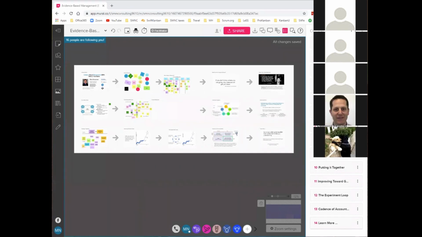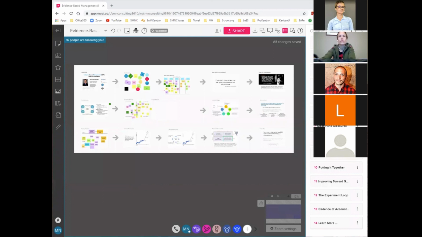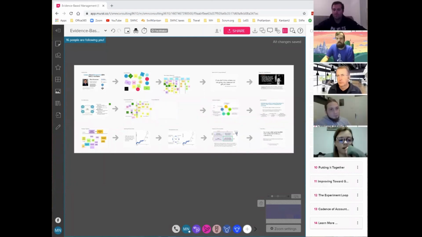Personally, I do practice Kanban within my teams, but this is the first time I have experienced this kind of metrics and measurements. This is very interesting for me, but I have to say that I haven't read the guide.